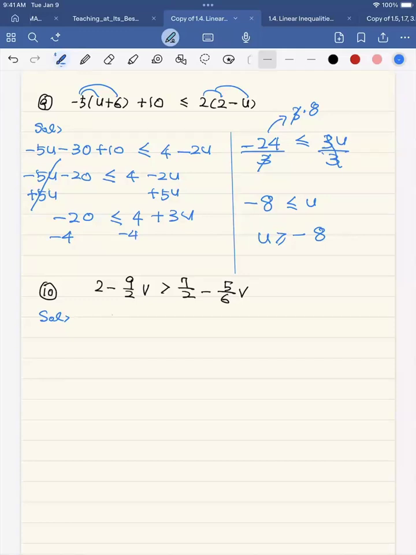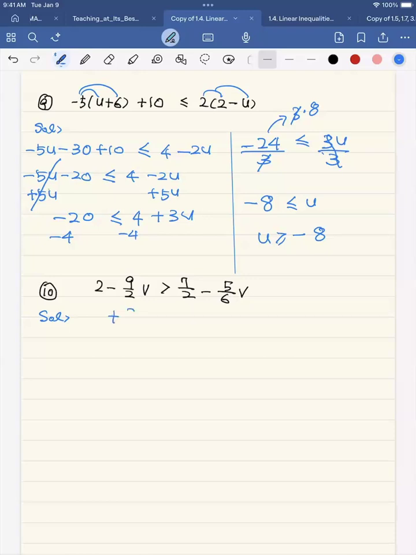In the next problem, we have 2 minus 9 over 2v greater than 7 over 2 minus 5 over 6v. We want to eliminate negative 9 over 2v.